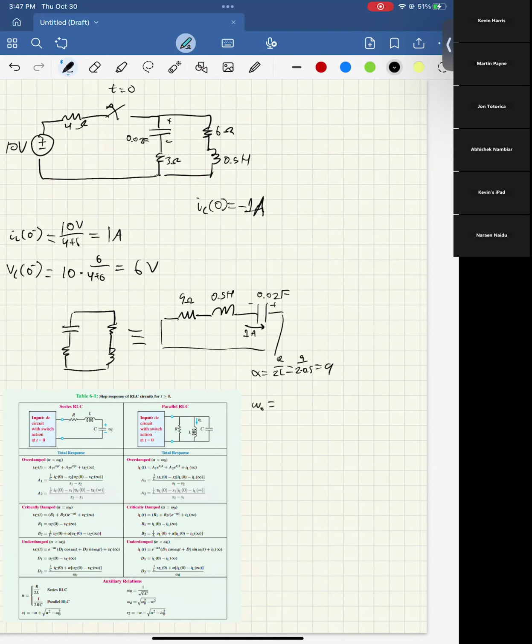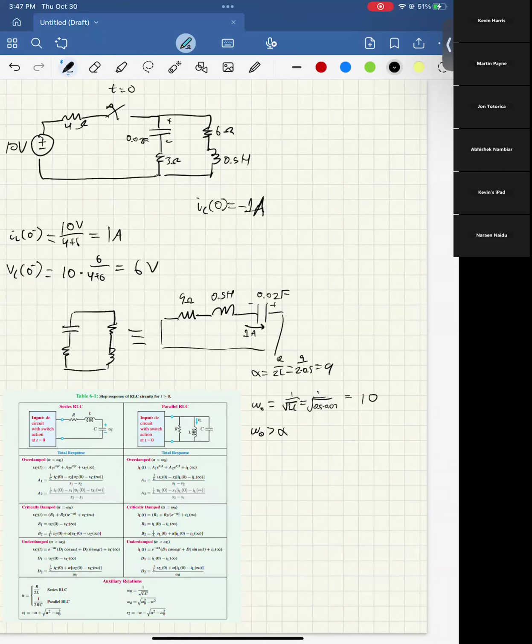Then omega naught is 1 over the square root of LC, which is 1 over the square root of 0.5 times 0.02, which gets you 10. And that means omega naught is greater than alpha, because 10 is greater than 9, so we are using the underdamped equations, the one with the sine and cosine.